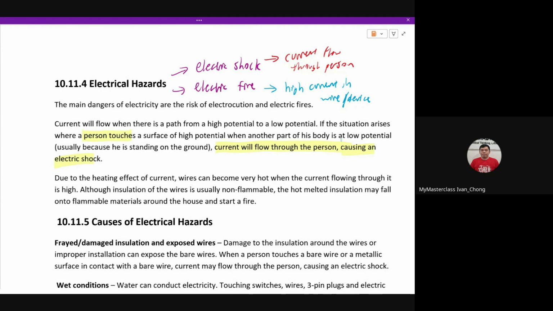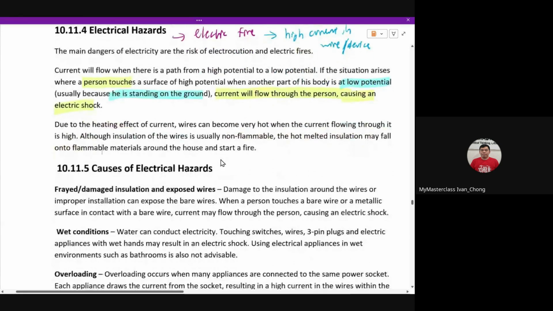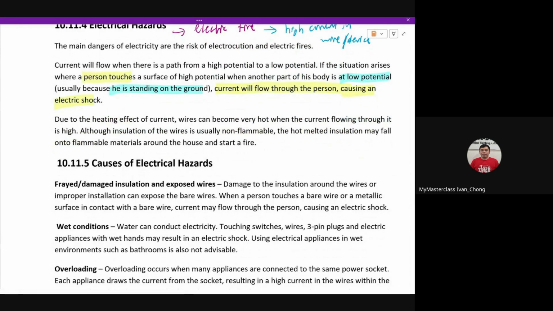Okay, you can see we are always low potential because we're standing on the ground itself. Next part over here. What this means is regardless of what we touch, the electrical parts that we touch will always be at high potential. So you can treat us as zero. So something that's very, very high, like 240 volts, will definitely shock you, okay?